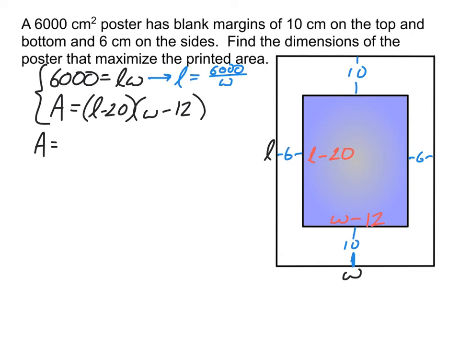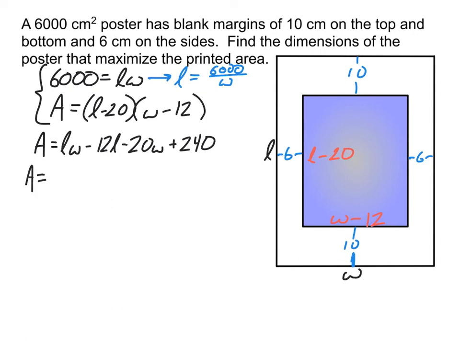If I distribute that in, I get LW minus 12L minus 20W plus 240. Okay, I chose this route, so I'm going to live with it. Now I'm going to substitute that L value back into that equation.